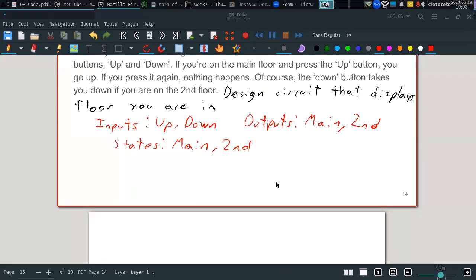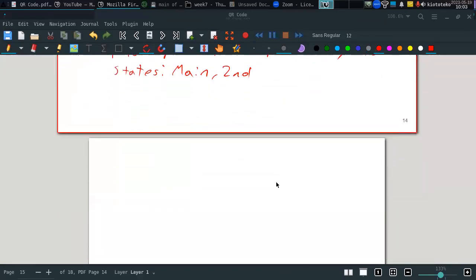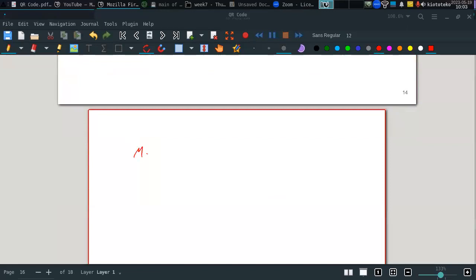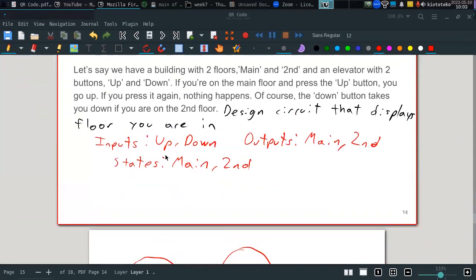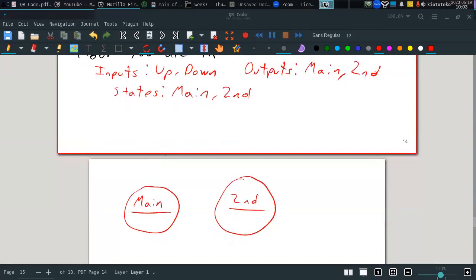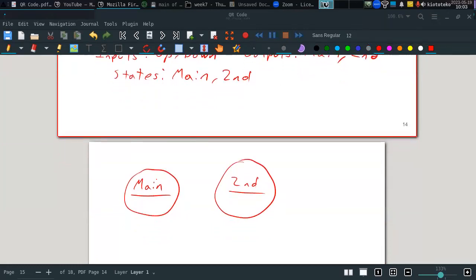All right. So let's see, we have 2 states, which are main and second. Let's put it all with respect to these labels. So when you're in the main state, you have as an output main. And if you're in the second, you have as an output second.